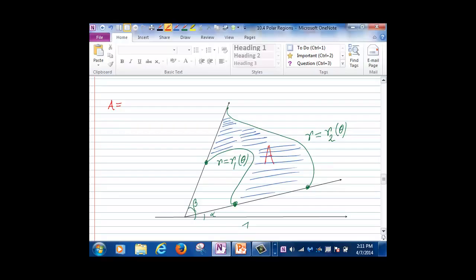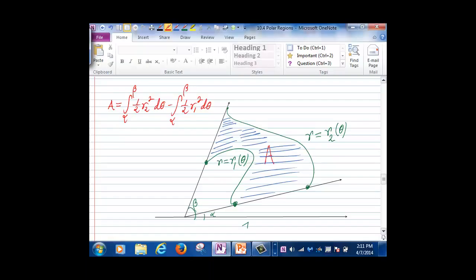Do we know how to find the area bounded by just R2? Yes, because of what we had previously. So we know that this would be alpha to beta half of R2 squared d theta minus alpha to beta half of R1 squared d theta, right?